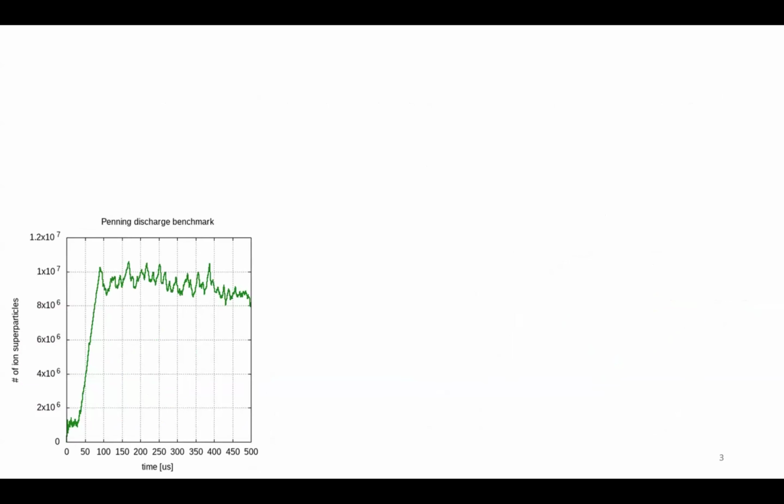And the entire simulation is 500 microseconds, and we start with an empty, near-vacuum system, I hope. Peter, am I correct? Yes. We need some time to build up the plasma, and after that we have roughly 9.5 million particles.